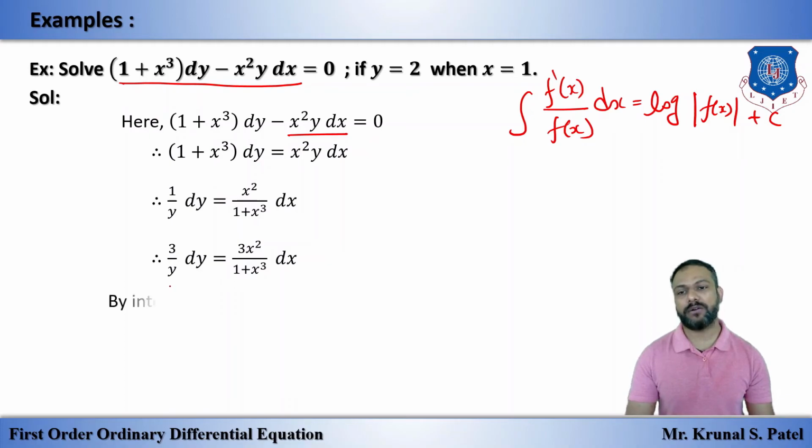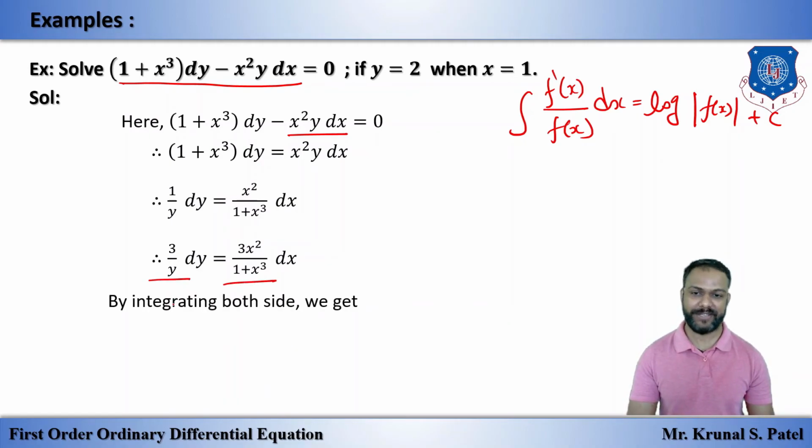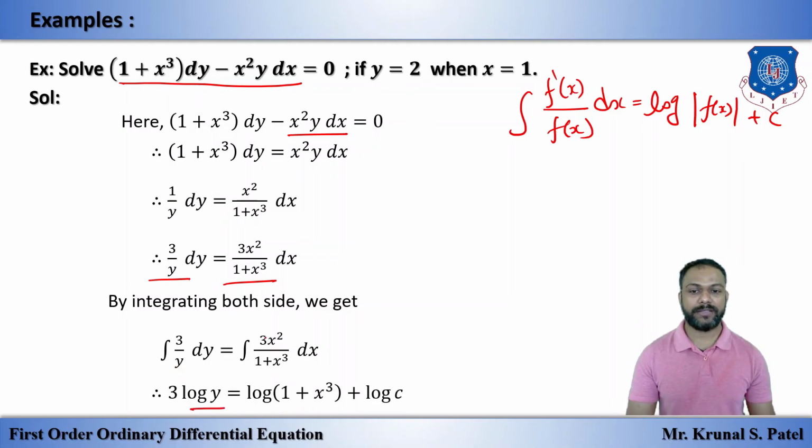Okay, now we can integrate both sides. So we start with the integration. 3 is constant, the integration of 1 by y is log y, and the differentiation of this term is this entire numerator, so log of this denominator. And here we will not take only c, we will take log c.